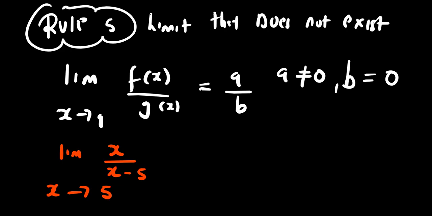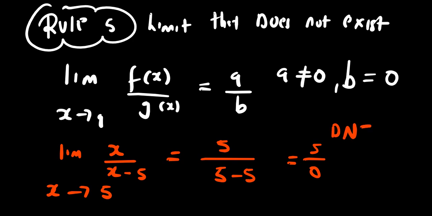So what are you going to do? It means wherever there is x, you're going to replace it with 5. So in that regard, we're going to have 5 on top divided by 5 minus 5. In that regard, you're going to have 5 divided by 0. Because you're dividing by 0, this limit does not exist.